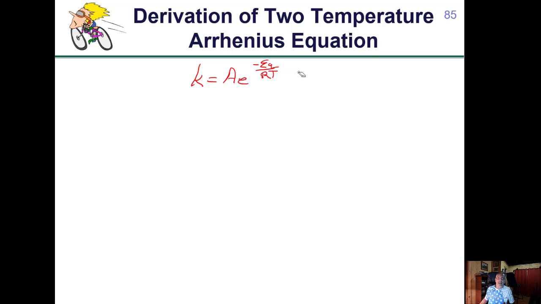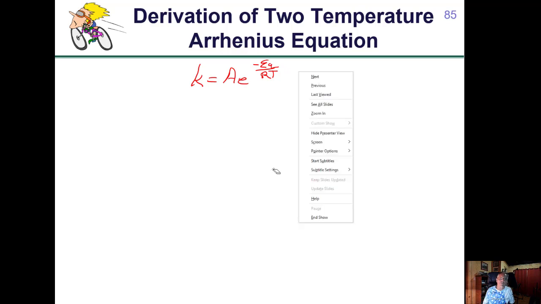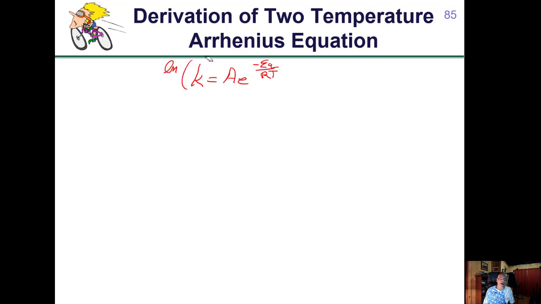So it's a very useful equation. But we're going to go ahead and do a derivation for you at two different temperatures. The first thing I'm going to do is take the natural log of K and the natural log of this side of the equation, because they, after all, are equivalent to each other.